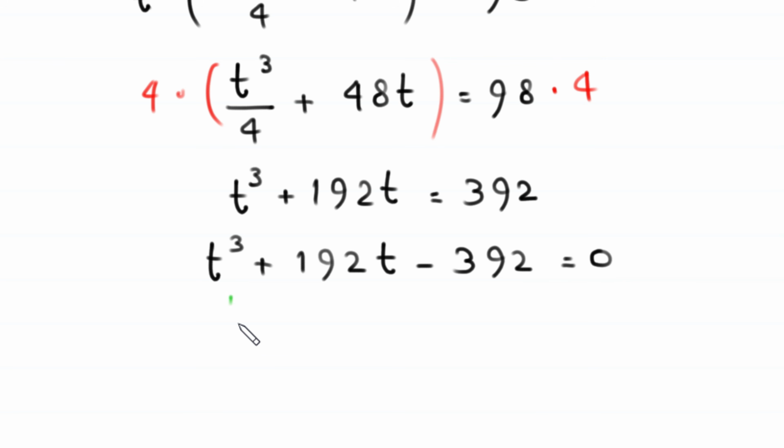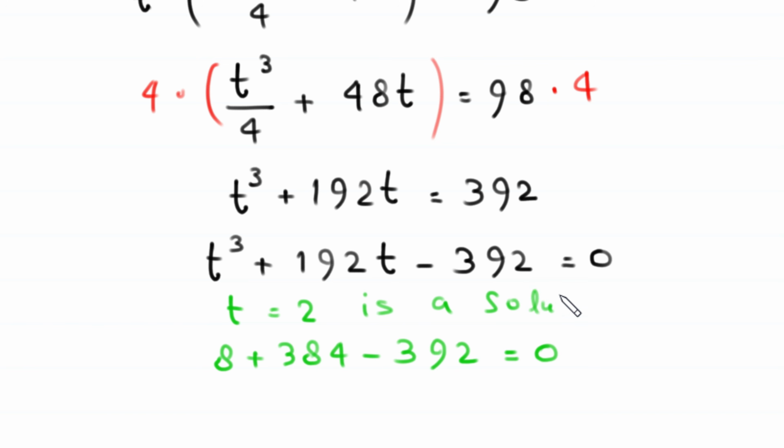Now if we check t is equal to 2 in this equation, this will become 2 cubed is 8 plus 192 times 2 will become 384 minus 392 equal to 0. It means that 2 is the solution of this cubic equation, which also means that t minus 2 is a factor of this cubic equation.